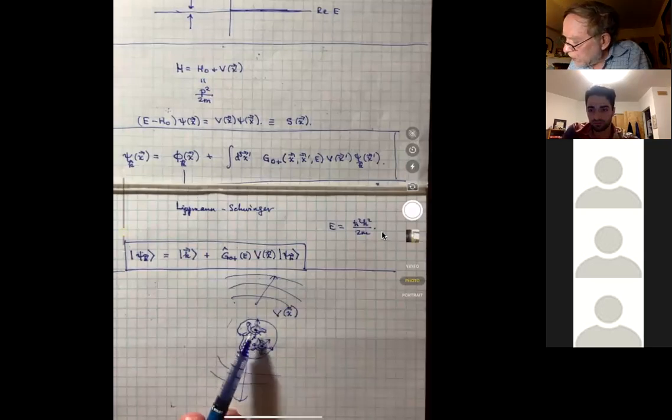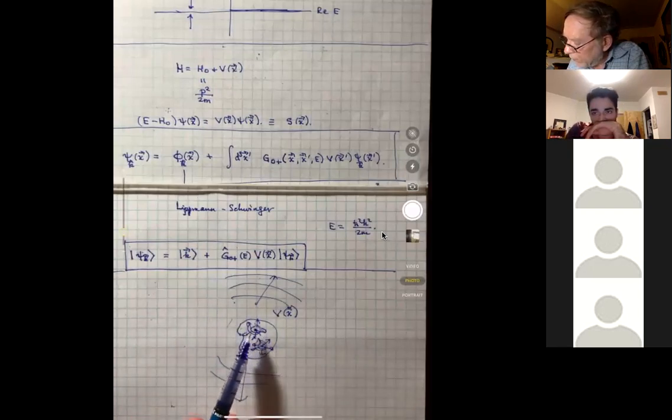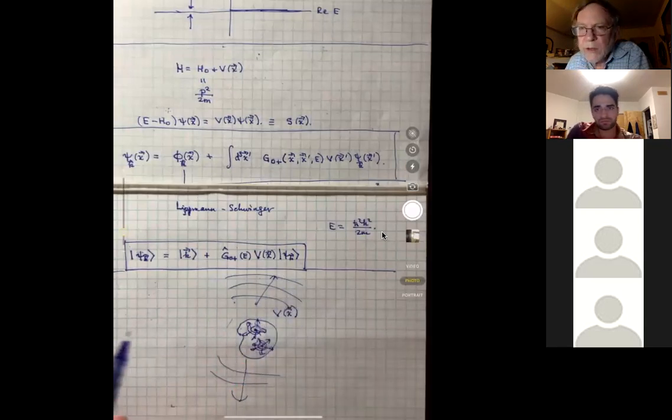By the way, if all of these scatterers were in phase with each other inside this potential, we start to see some things qualitatively about the nature of the scattered wave. If they were all in phase with each other, then they would constructively interfere in going out in different directions.